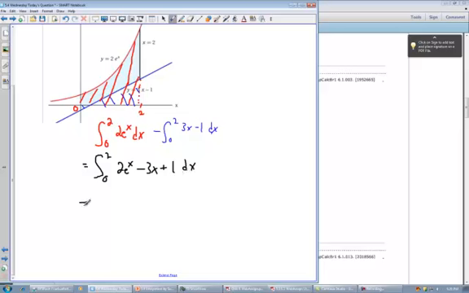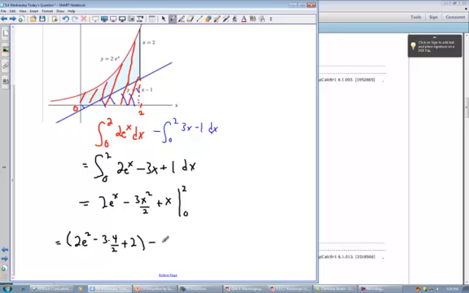And I can integrate this. The integral of 2e to the x is just 2e to the x minus 3x squared divided by 2, and then plus an x from 0 to 2. I don't need to write plus c because it's a definite integral. And the idea is I plug in 2, so I get 2 times e squared minus 3 times 2 squared, which is 4, divided by 2, plus 2.